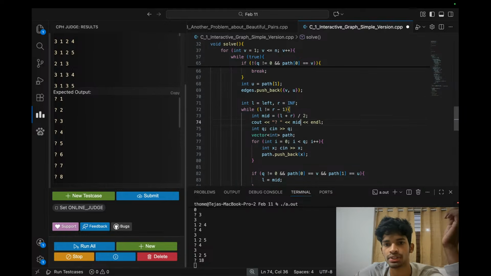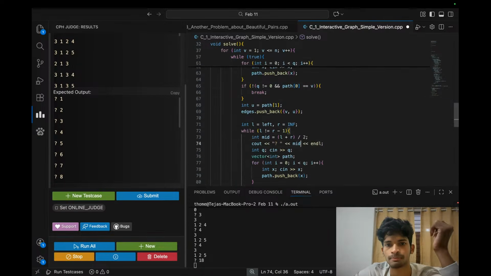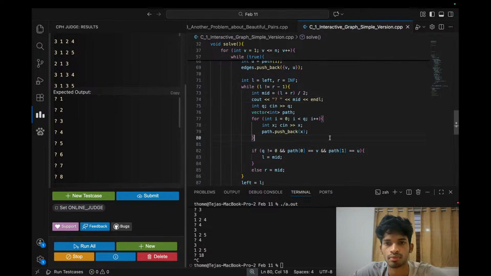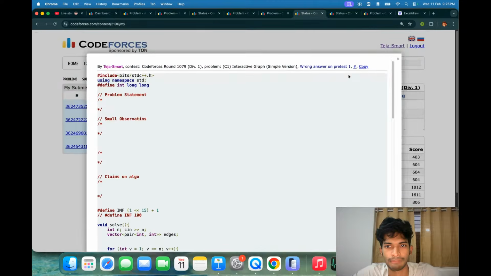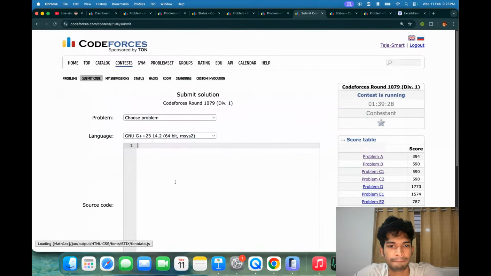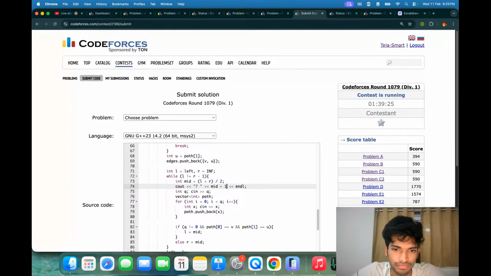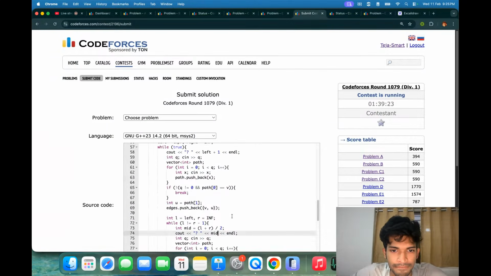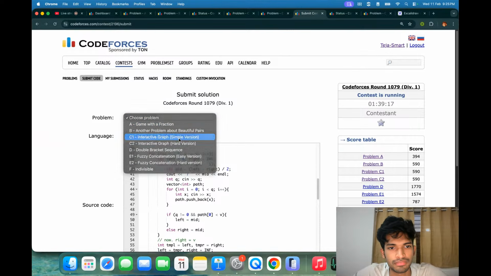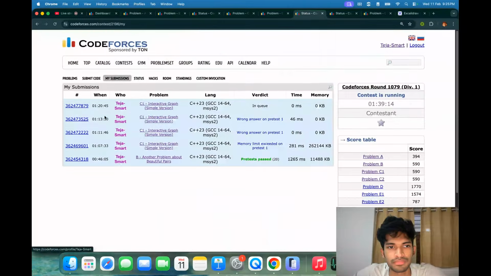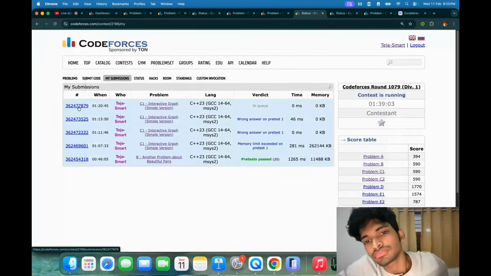Wait, why do you have mid plus 1 here? Okay, that's an error.